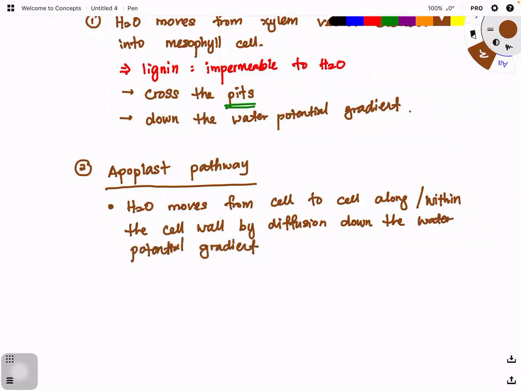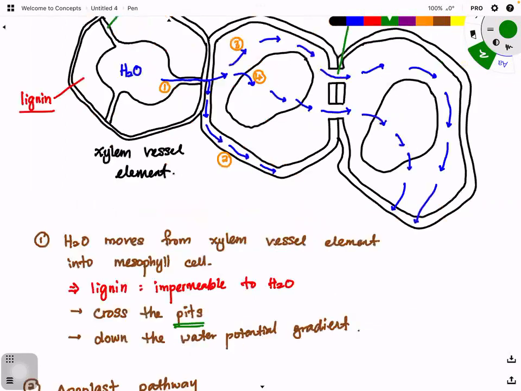Are you clear? So again, the process is by diffusion. Why? Along the cell wall basically means there is no involvement of the phospholipid bilayer or selectively permeable membrane. So the movement of water molecules is by diffusion.